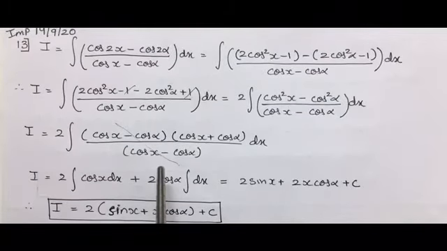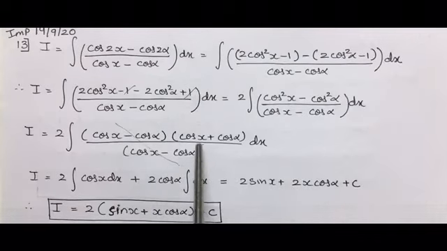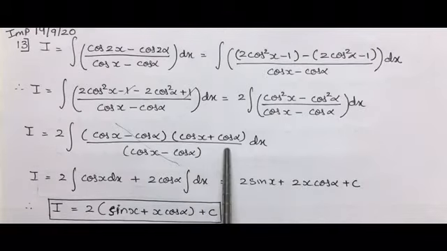Now cancelling this cos x minus cos alpha from up and down both, the bracket remaining is cos x plus cos alpha.